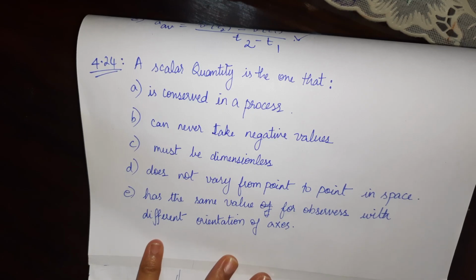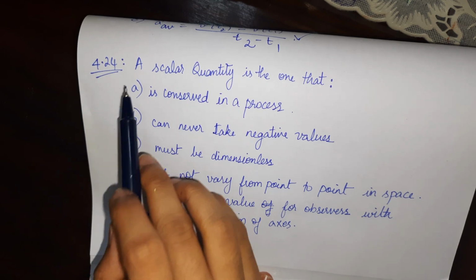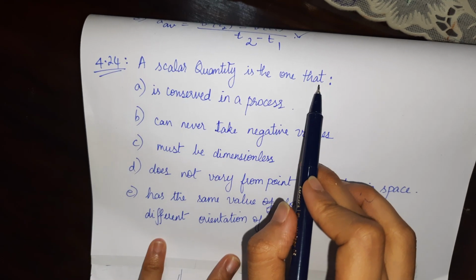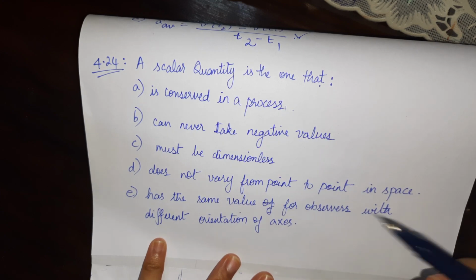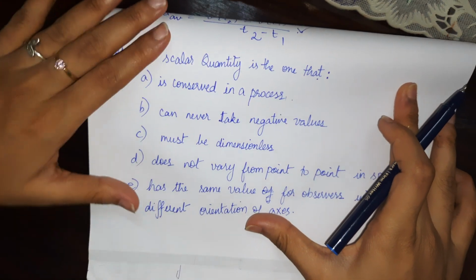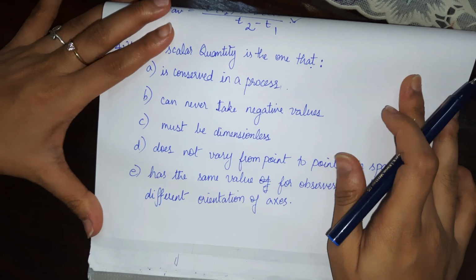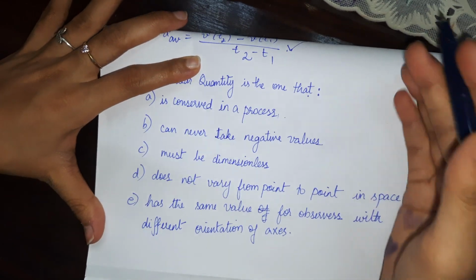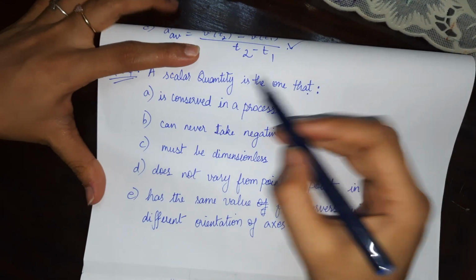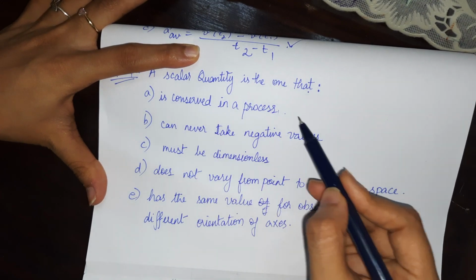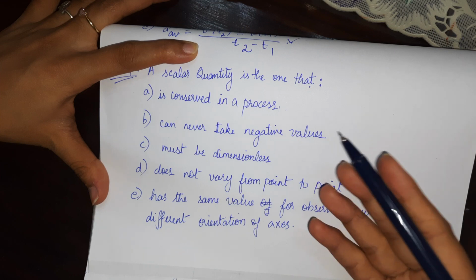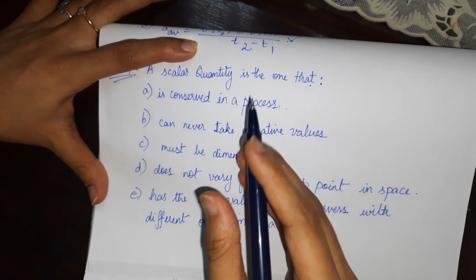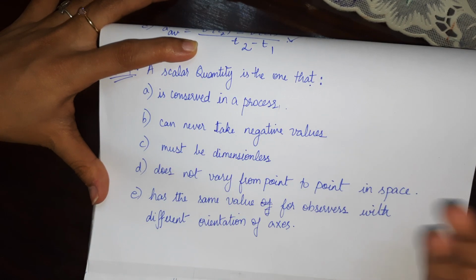The next question 4.24 is about whether, based on these statements, we can say that a quantity is scalar or not. So the first one is a scalar quantity is the one that is conserved in a process. Is it necessary that all scalar quantities should be conserved, or all the quantities that are conserved, can we call them scalar quantities?